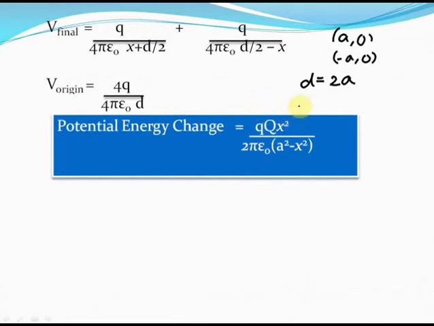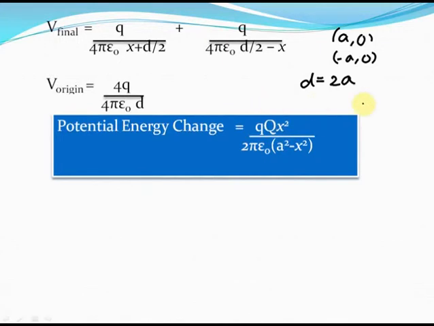All that I basically did was calculate the net potential due to both the positive charges at a distance x from the origin. I calculated the net potential due to both the positive charges at the origin. I subtracted the potential and multiplied the change in potential with the magnitude of the charge capital Q to get the net potential energy change of the charge capital Q.